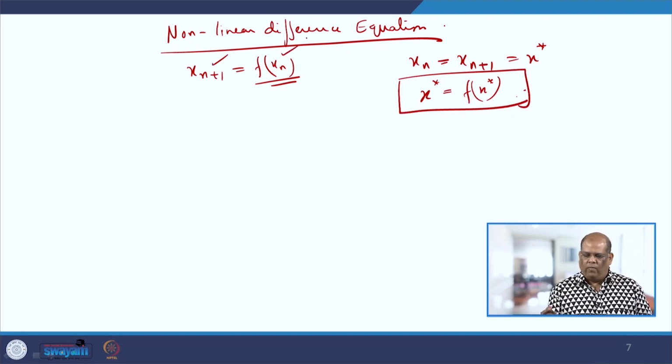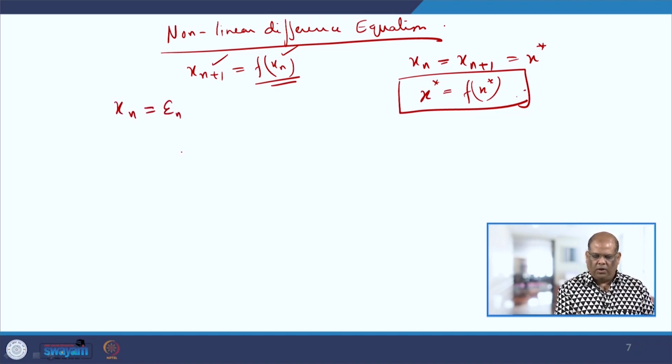Now, let us see what kind of condition we will get for stability analysis. For stability analysis, we give a small perturbation about the equilibrium point. Which means that you replace x n by a small perturbation epsilon n about the equilibrium point x star.